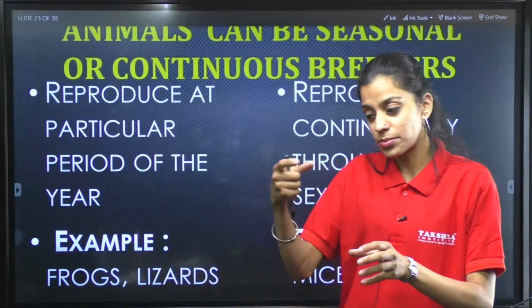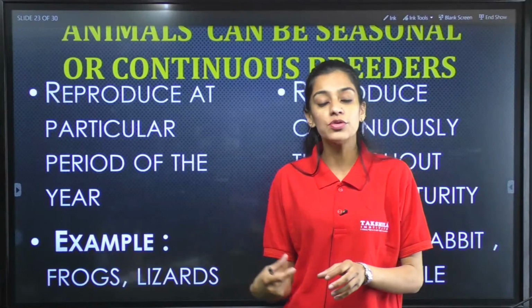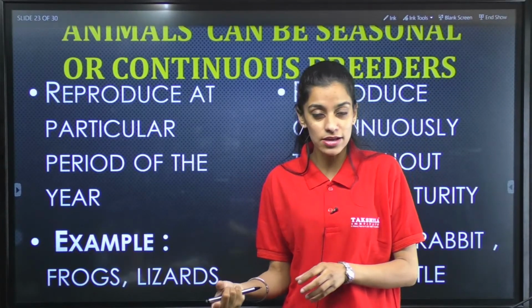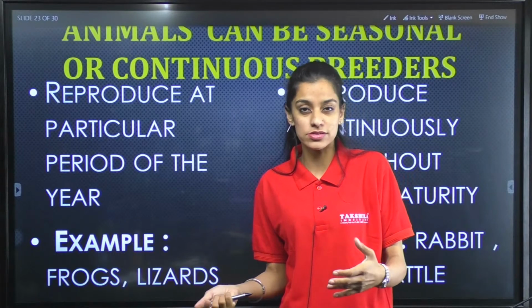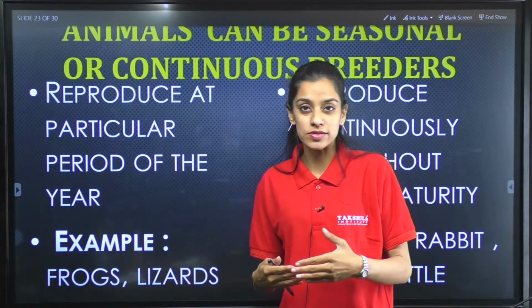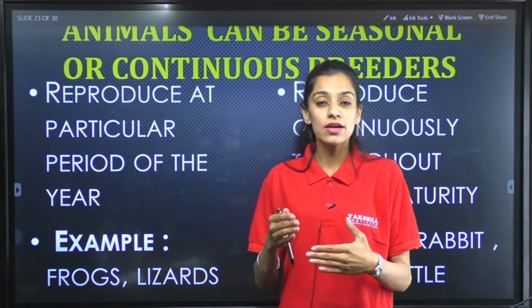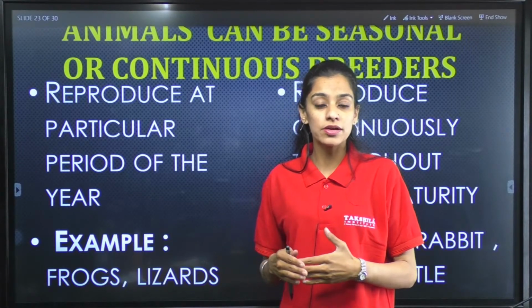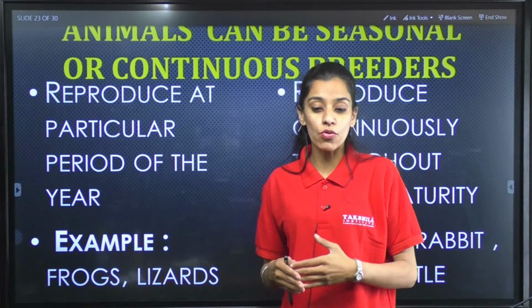Right. Now, within our whole year you have a number of seasons. You have the spring season, you have autumn, and you have the rainy season. So depending upon that, their fertilizing ability depends only upon a particular season.